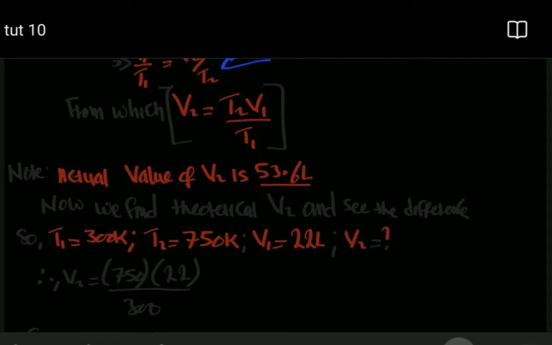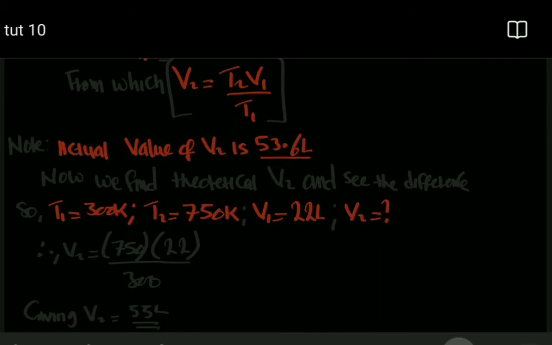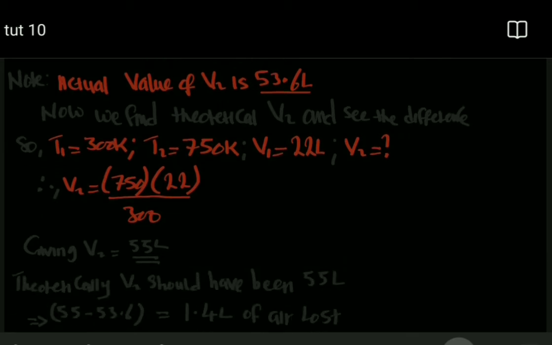Now what is the final volume? Okay, so let us find now the final volume. In this case, with our expression of V2 there, we simply substitute the values. We know that V2 equals T2 V1 over T1. So we go ahead, our V2 equals T2, which is the final temperature, multiplied by the initial volume of 22 liters divided by the initial temperature of 300 kelvins, from which we're obtaining the value of V2 to be 55 liters.